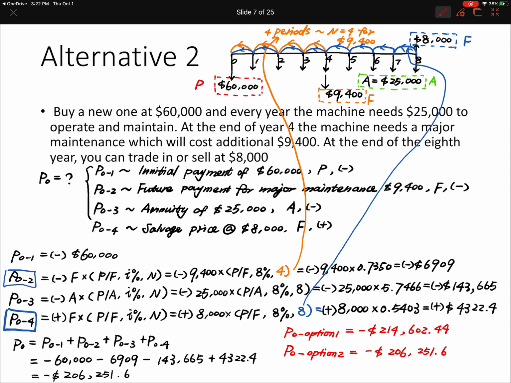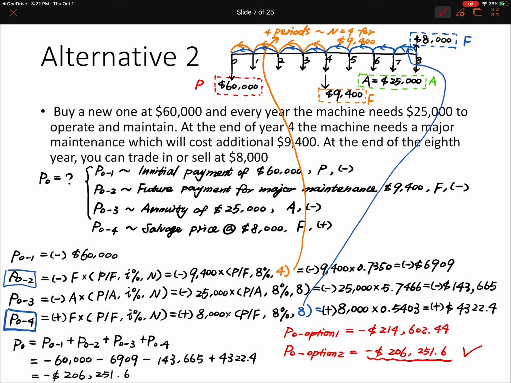You need to pay either 214,602.44 or you need to pay 206,251.6. You want to choose the less negative, right? You want to choose this one because you're going to pay less, which means option 2 is a better option.